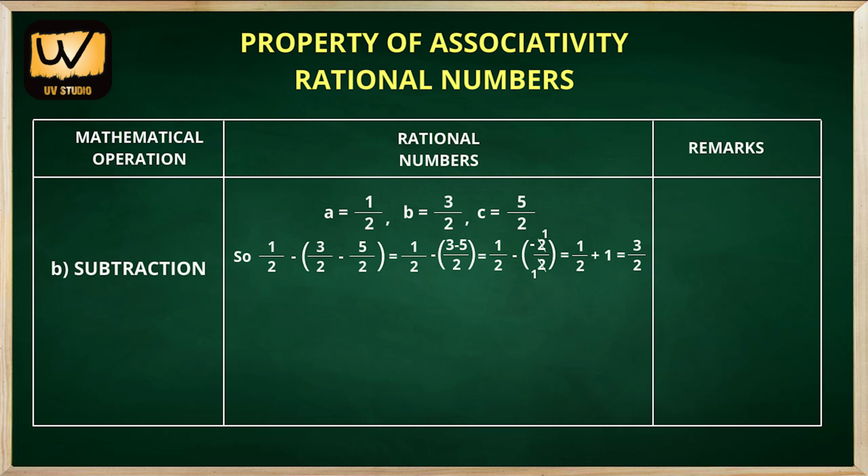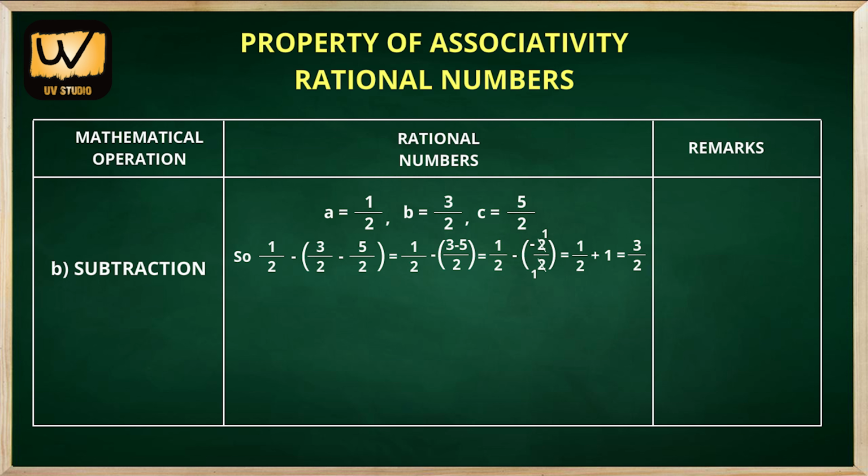What will the next step be? 1/2 as it is, minus; the LCM of the bracket is 2. In the numerator you have 3 minus 5. So 1/2 as it is, minus, what will the bracket be? Minus 2/2, they get cancelled. That gives you 1/2 plus 1, and you know that is 3/2. Remember, this is the value of the LHS.